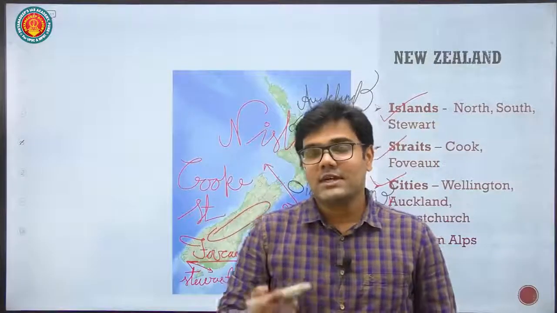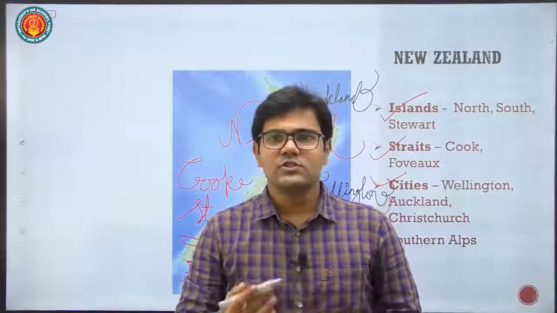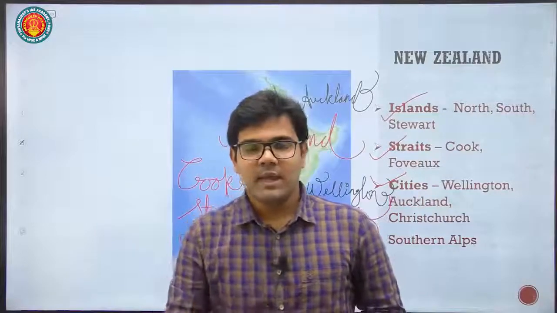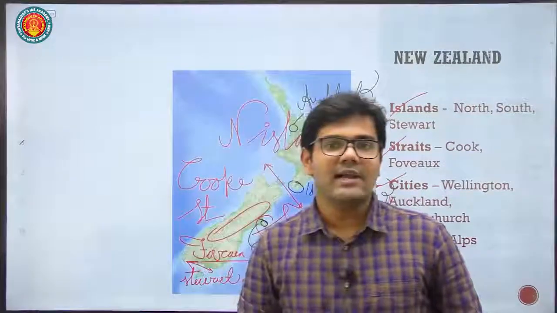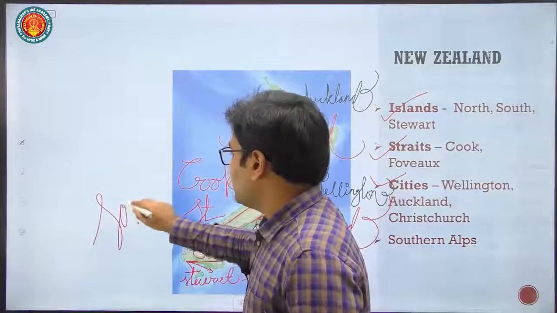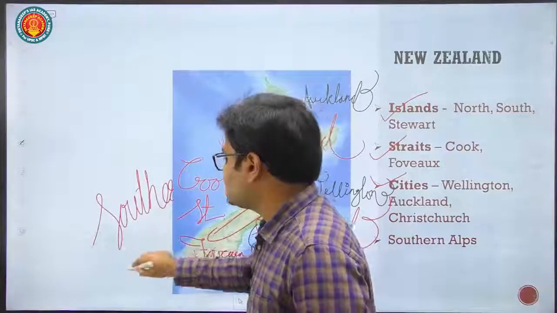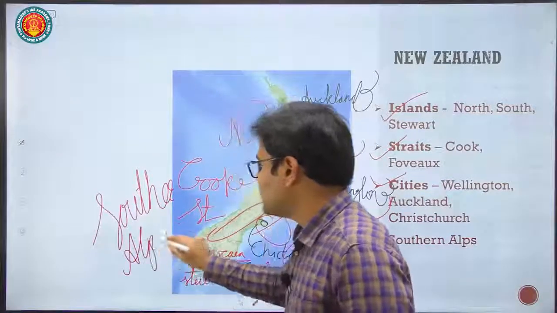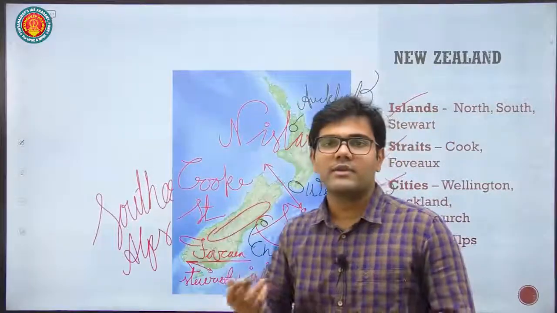As the European powers colonized these nations, they used the same names. That's why we have New South Wales, and that's why we have Australian Alps. And here in the southern part of New Zealand, we have the Southern Alps.